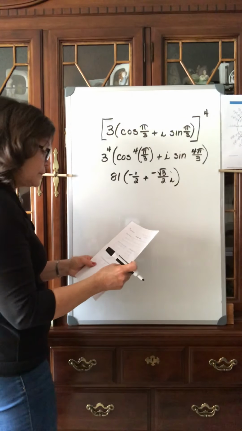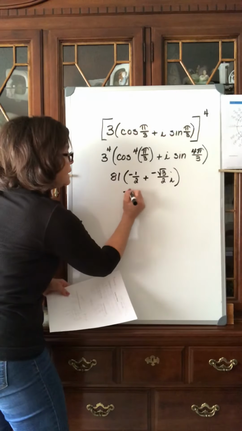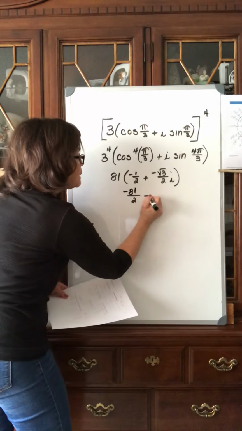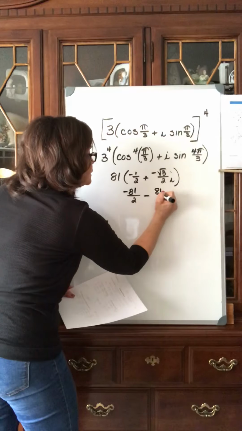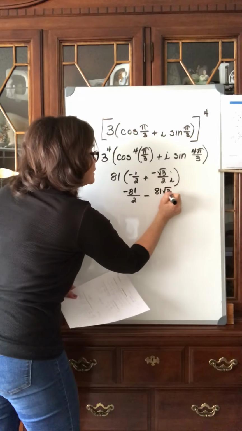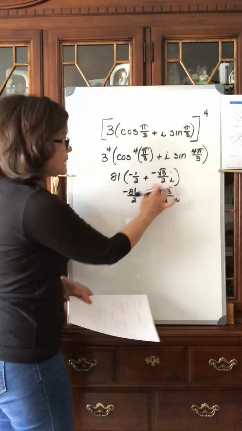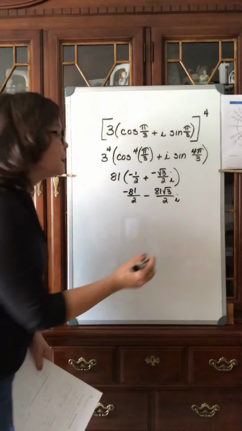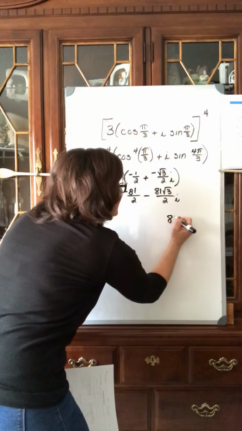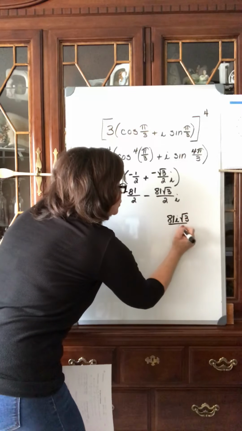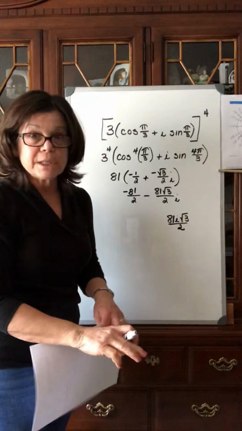So the answer is going to be -81 over 2 minus 81 radical 3 over 2 i. Now this 81 radical 3 over 2 i, if you want, you could have written it as 81i radical 3 over 2. Just don't put the i underneath the radical sign.